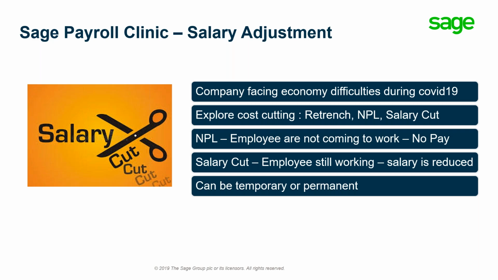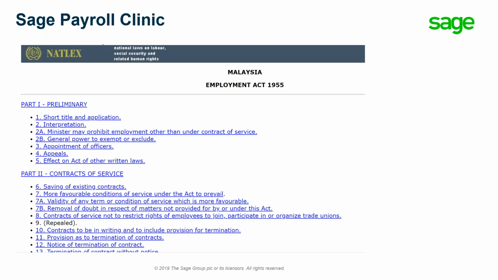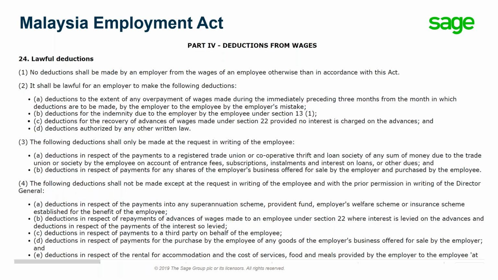But for salary adjustment or salary cut, you also need to take note of the Employment Act about what the lawful deductions from the wages are. So before you make any salary adjustment or cut, it may be good to find out how much you can actually exercise this cut, and whether you have to get approval. We don't say simply cut the employee's salary, but exercise it as a cautious measure.